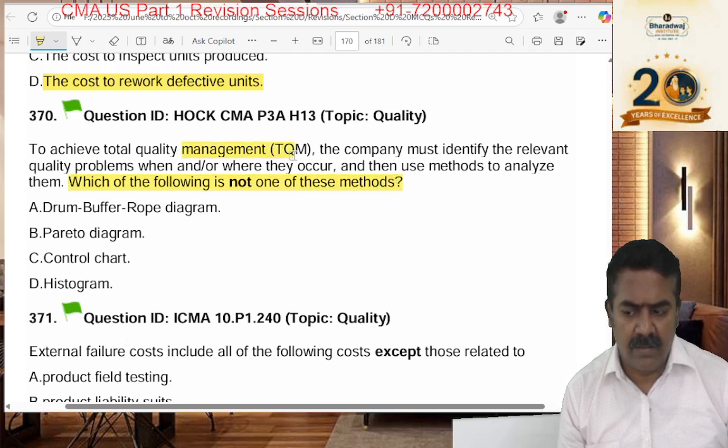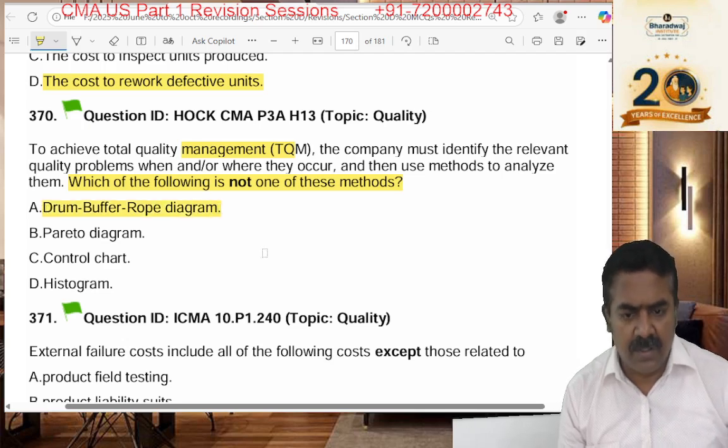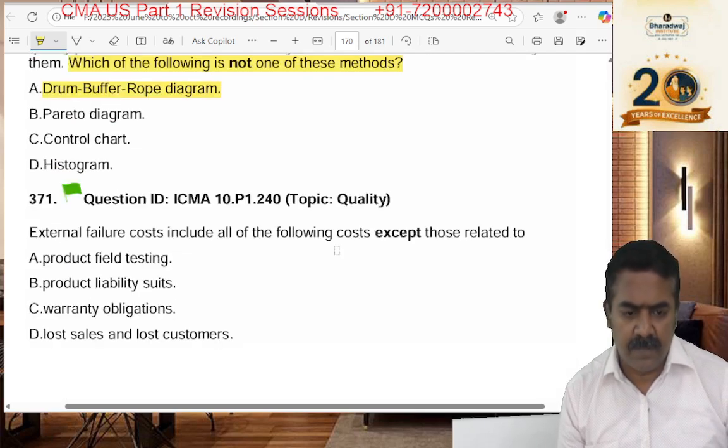Why? This is not part of which one? Total quality management.